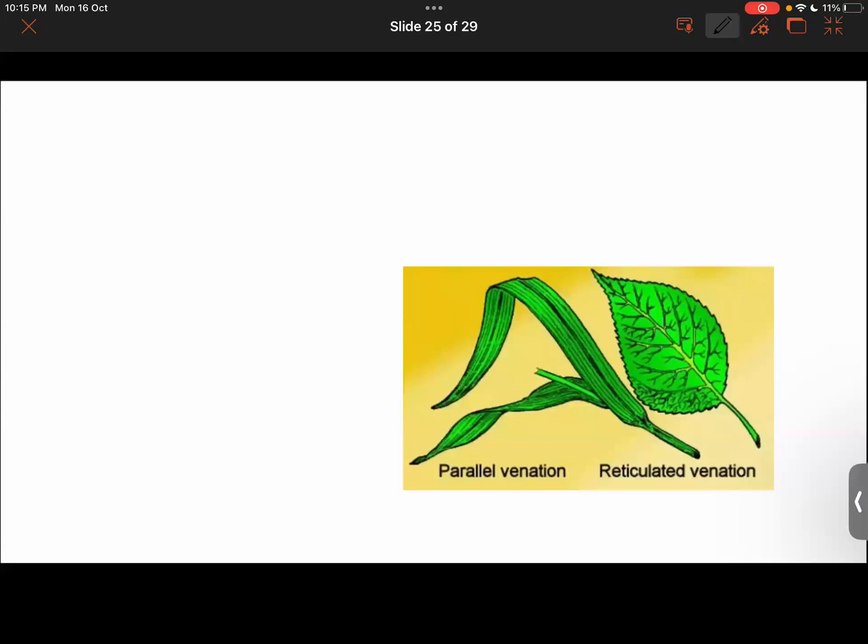Parallel venation is like the wings of a... it is like a straight line.